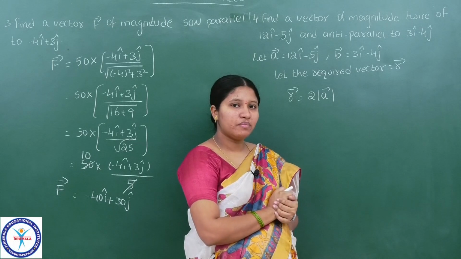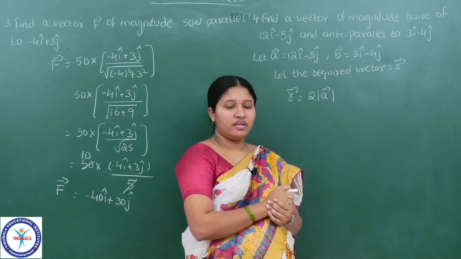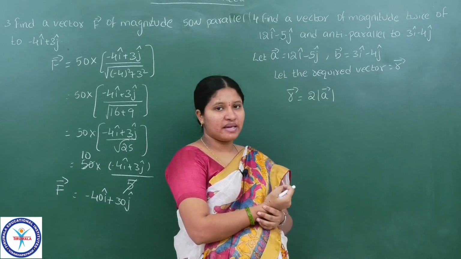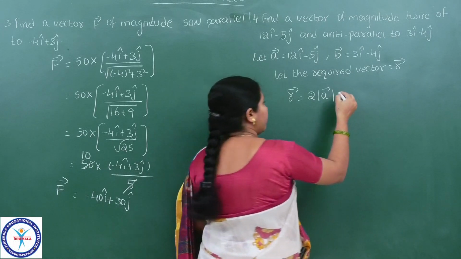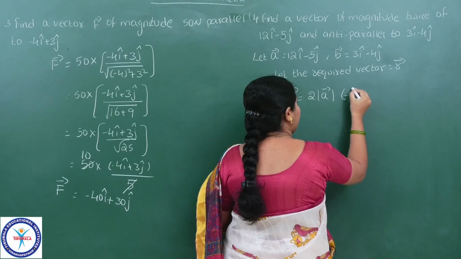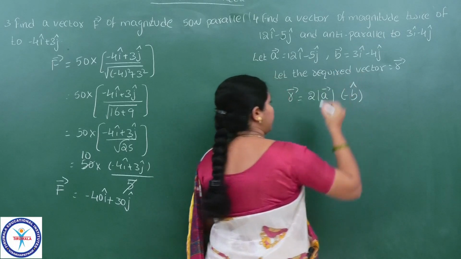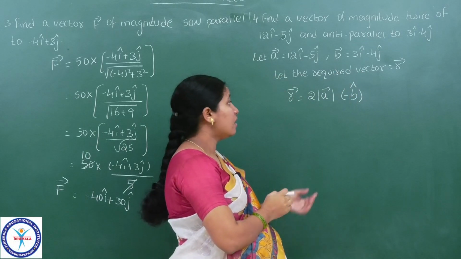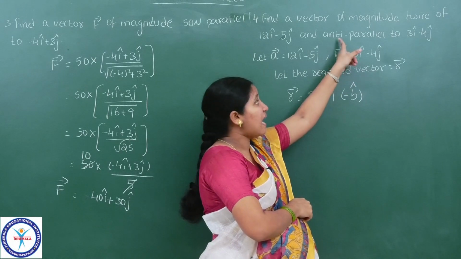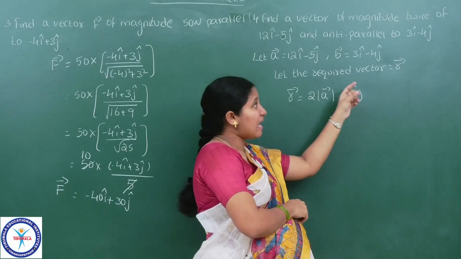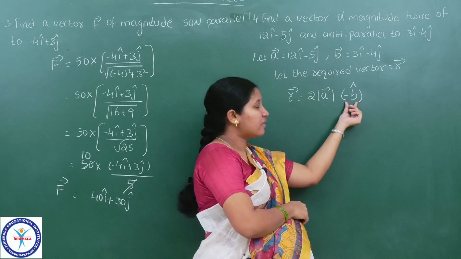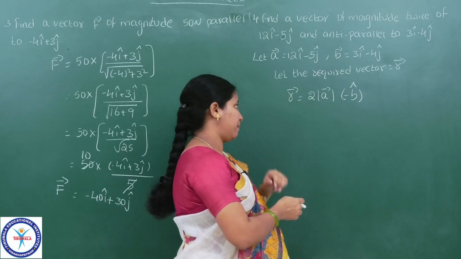Anti-parallel means two vectors, if they are pointing in opposite direction, then they are said to be anti-parallel. So we are taking minus b cap. Why? Because if given parallel we can take directly b cap. As it is given anti-parallel, we are taking it as minus b cap.